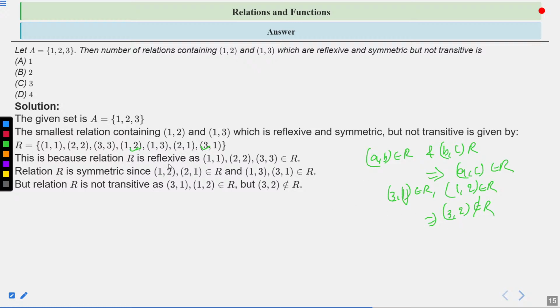No, right? Got it? So (3, 2) is not present, so the relation R is not transitive. So this is the smallest relation.